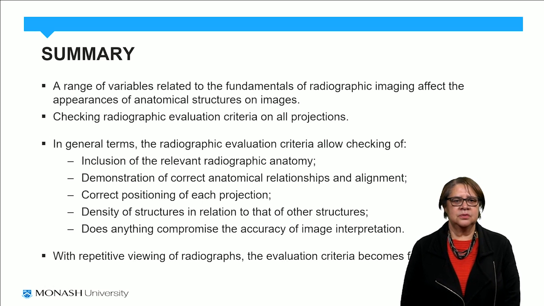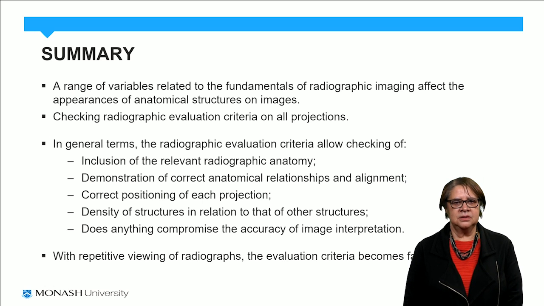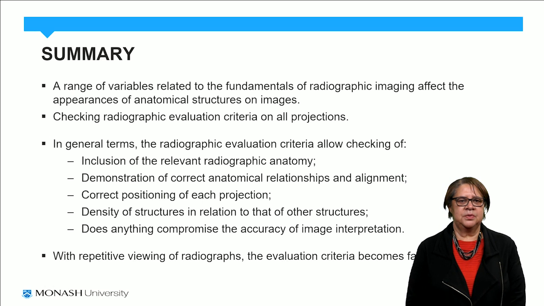It's important also to think about the density of structures in relation to that around the structures. And then to consider whether there's anything else that could compromise the accuracy of the image interpretation. For example, if it's an elderly patient, the patient might not be able to breathe in as deep as they should, and that could affect how you actually see the lungs.